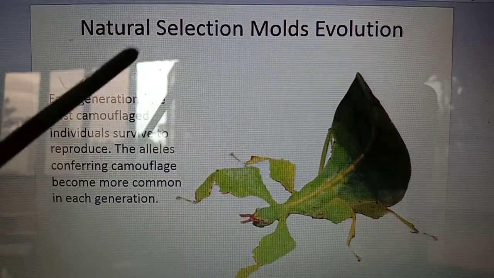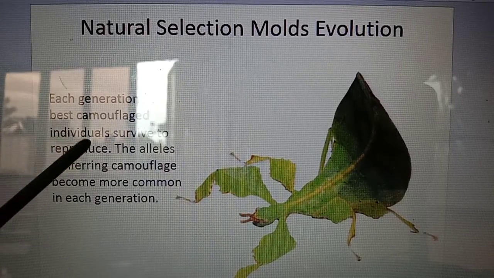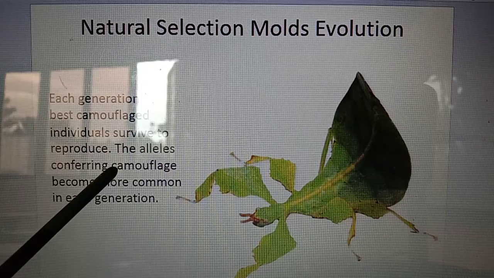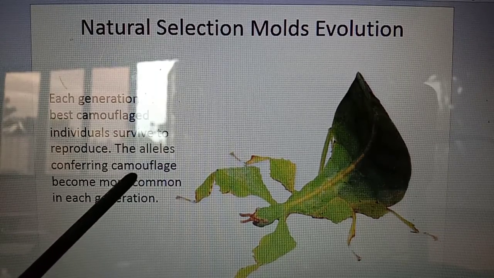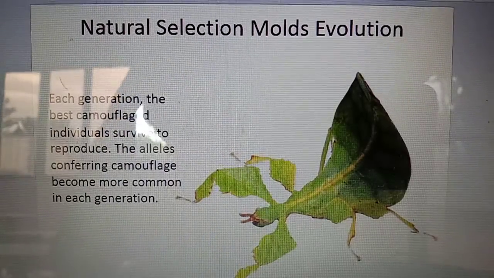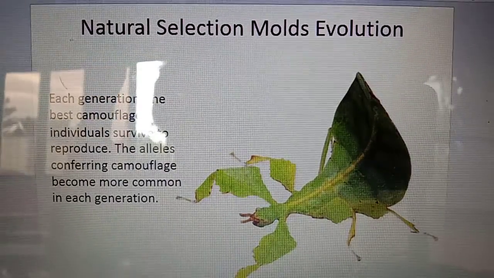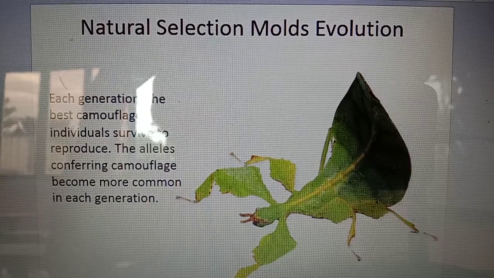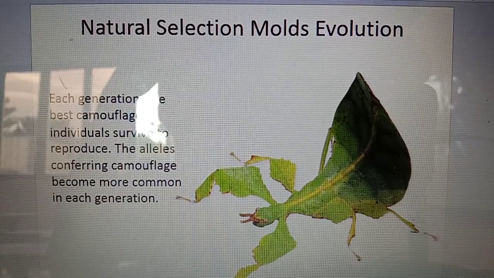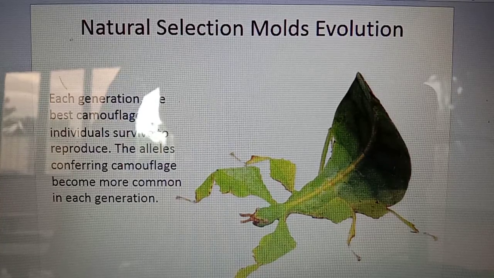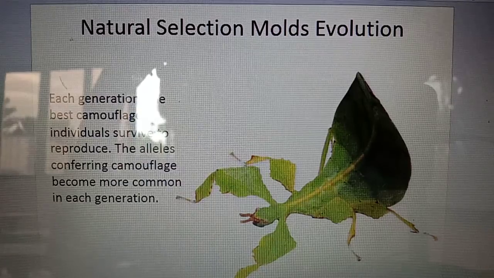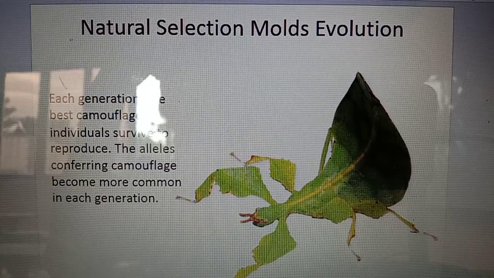Okay, each generation, the best camouflaged individuals survive to reproduce. The alleles conferring camouflage become more common in each generation. What is the use of this camouflaging of insects or of animals? They will be free from predators, because predators cannot easily find them as their prey.